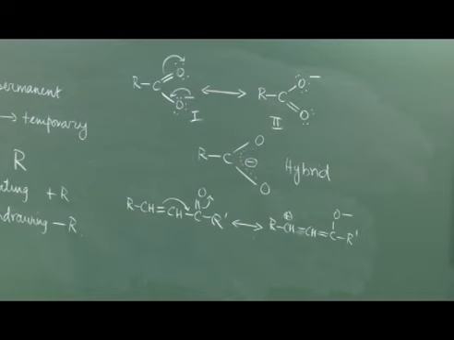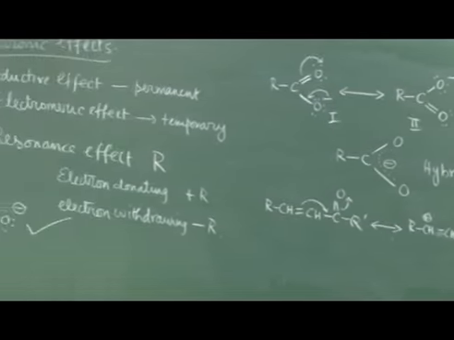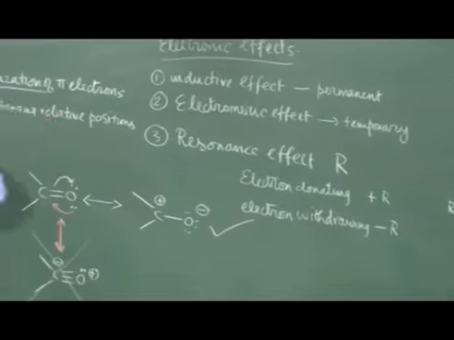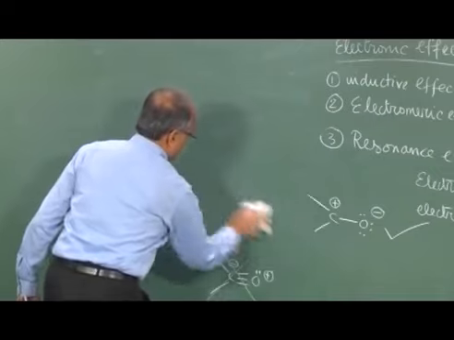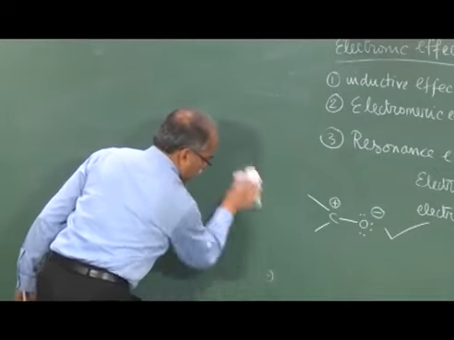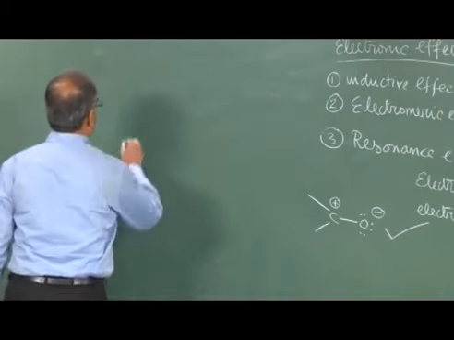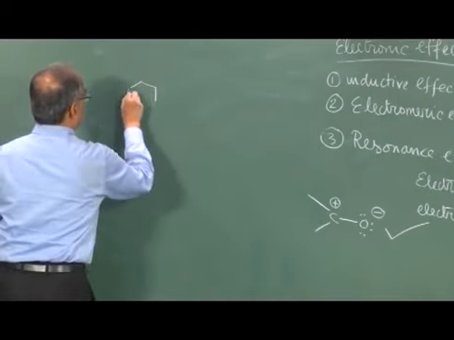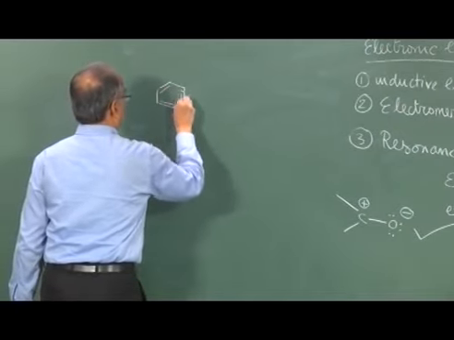One other example that I can show is with respect to benzene. Benzene is a very classical example of a molecule which shows resonance structures. Most of the benzene and benzene derivatives do have the resonance effect in this particular manner. Let us take the example of benzene.